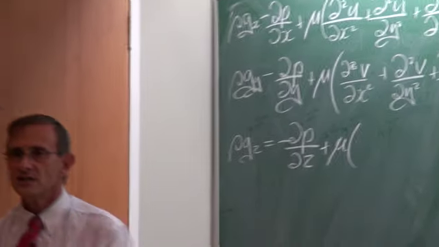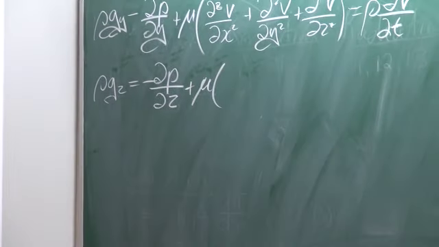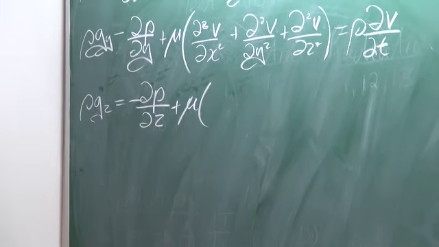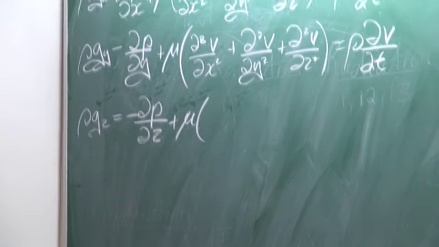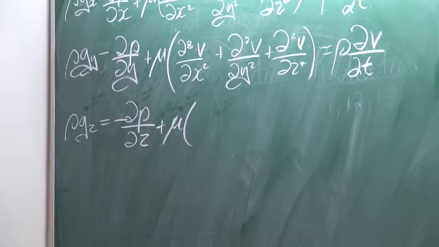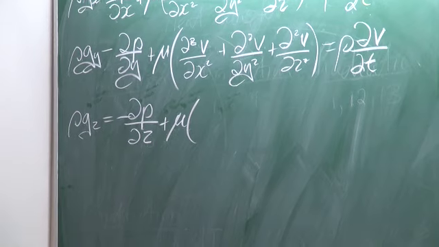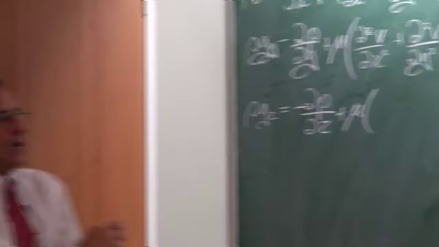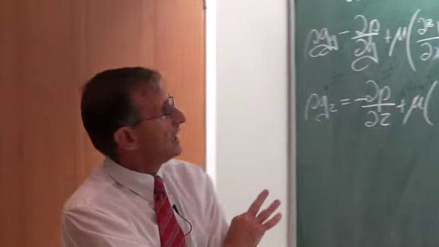Okay, so it's very simple. It is partial d2v dx squared plus partial d2v dy squared plus partial d2v dz squared is equal to rho multiplied by dv dt in the three directions. Now that is the very simple case for a Cartesian coordinate system.